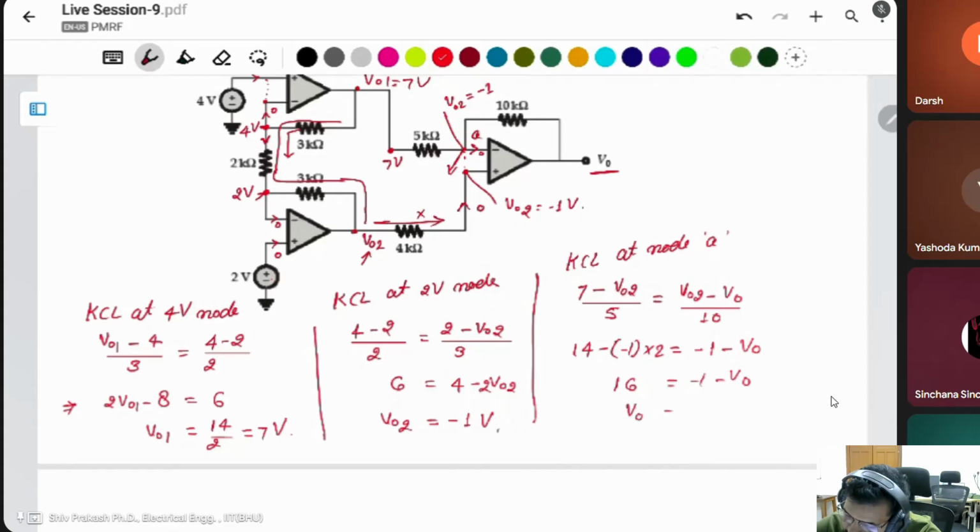In this case, V naught will be minus 17 volt. This is the output voltage of this op-amp circuit.